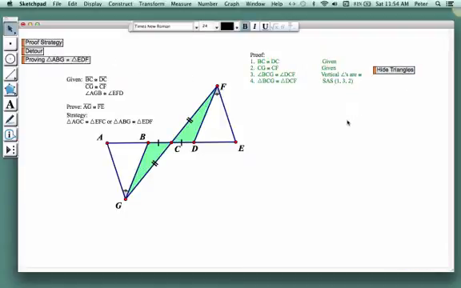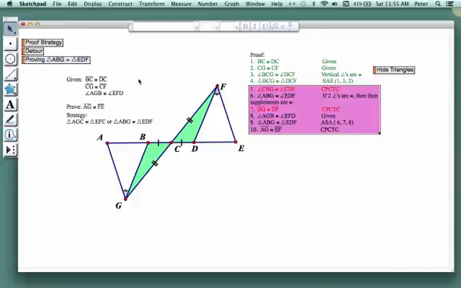Now, as you can see, the green triangles corresponding with the green text for the proof don't give us AG and FE congruent, but we are able to pick up some corresponding parts from these two green triangles that will help us prove that triangle ABG is congruent to EDF. So let's take a look now at the rest of the proof.